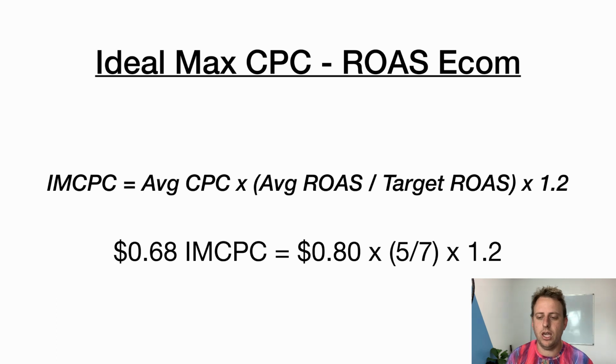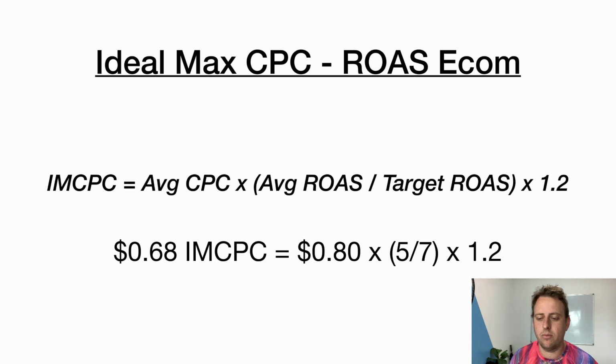So in this example, I know my average CPC is already 80 cents. My average ROAS at the moment is 5 or 500%, and I'm not happy with that. I know I actually want to hit a target ROAS of 7 or 700% to make these ads profitable. So here is my equation.